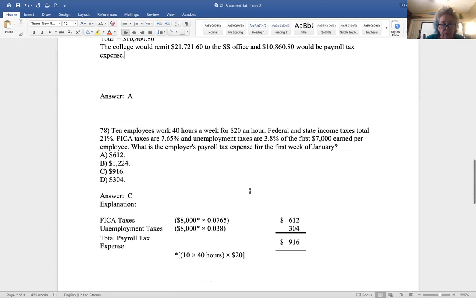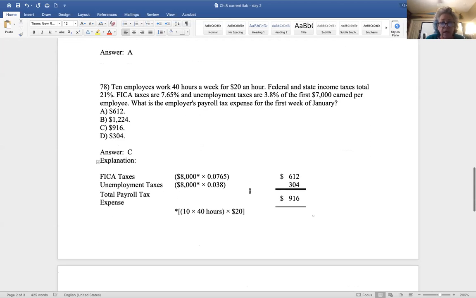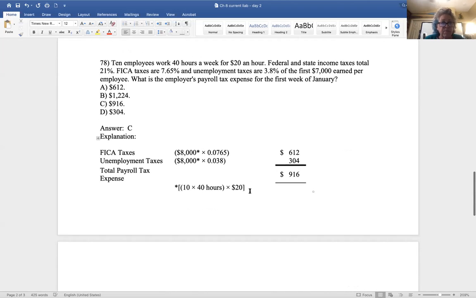Here's another one. I'm going to go ahead and show you the answer and the explanation on this, where you've got 10 workers. This is asking, what is payroll tax expense? As we've just said, payroll tax expense is the FICA match and unemployment.